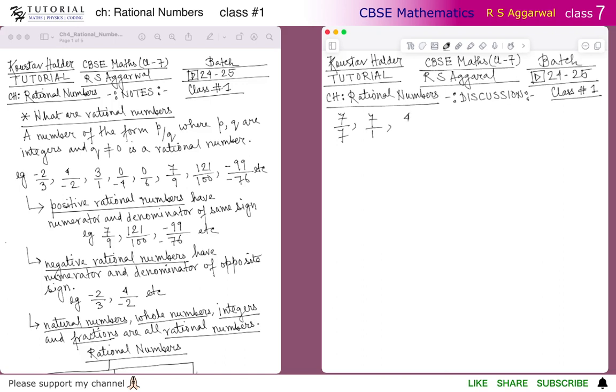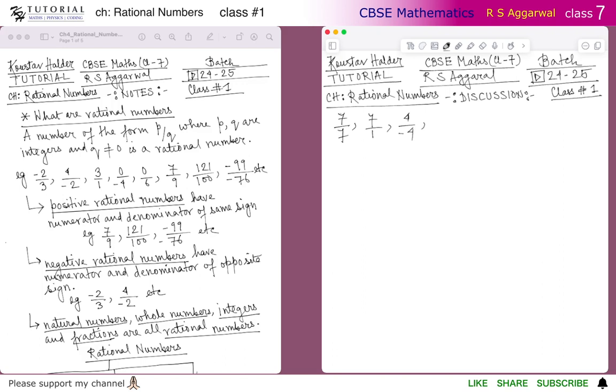Let's say 4 by minus 4 is a rational number. So p and q can be any integers, but q should not be 0. That is the only condition. So all numbers where p and q are integers and q is not equal to 0 are rational numbers. Now we have positive rational numbers and negative rational numbers.